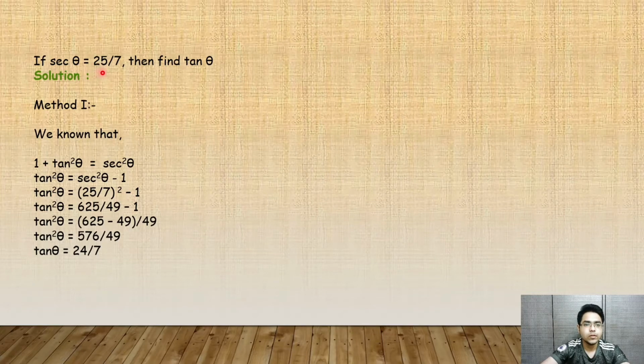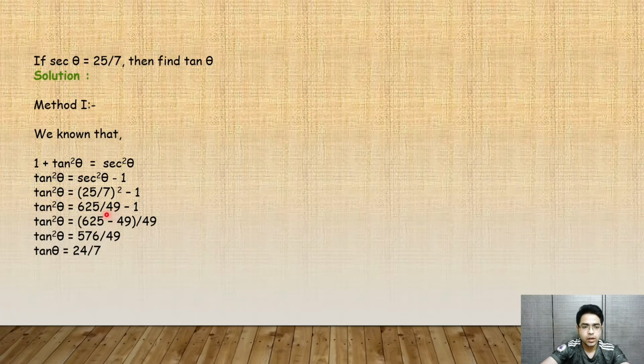Here we know the value of sec theta, and we have substituted it. So tan square theta will be equal to 625 by 49 minus 1. This 25 square is 625 and 7 square is 49. So tan square theta will be equal to (625 minus 49) divided by 49.